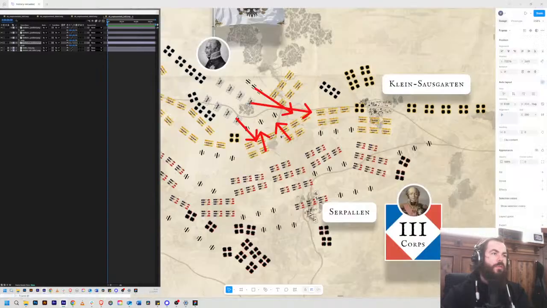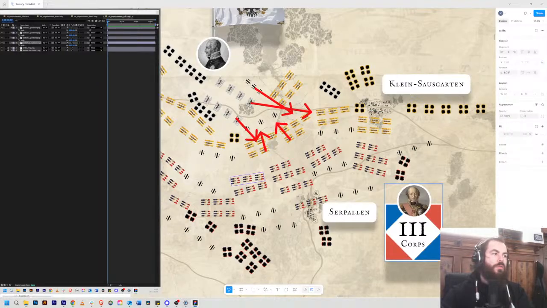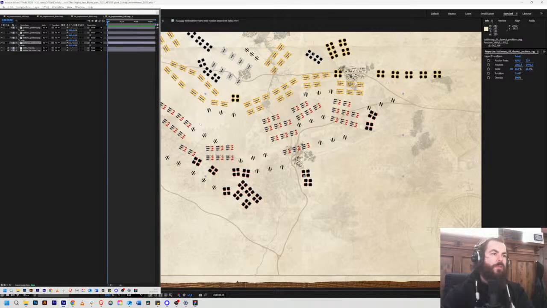It's actually a unit missing, I think. Yeah, we can build those by hand.